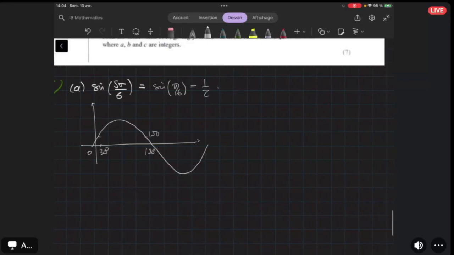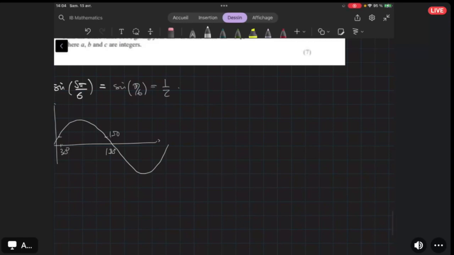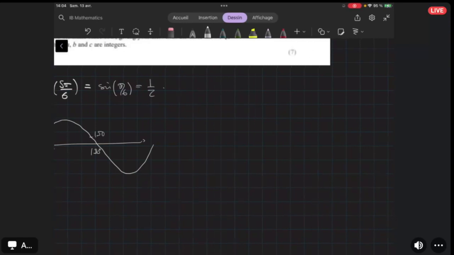So what Rishi was saying is that there's a way to memorize the exact trig ratios in the first quadrant. So sine, cos, and tan of theta: 0, 30 degrees, 45, 60, 90.